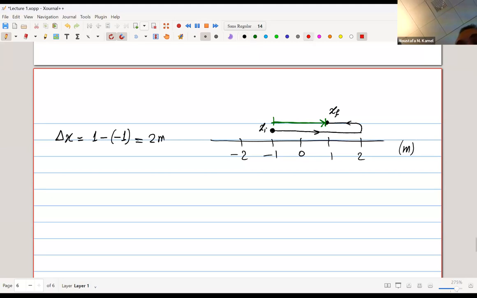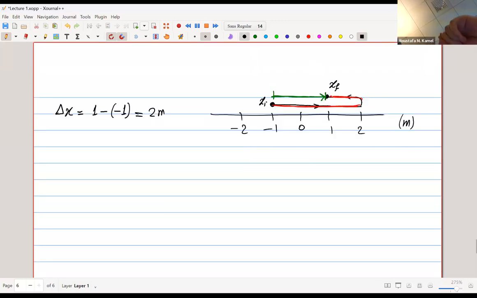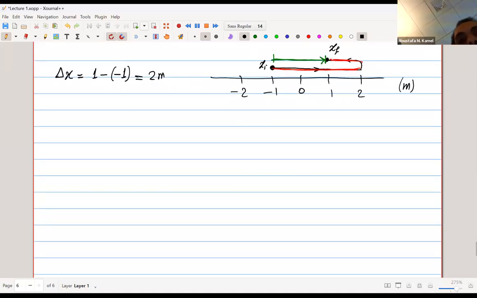Like you moved this much and then you moved again this much. Okay, so there is an important difference between displacement, distance traveled, and just distance. So let's define them carefully here.